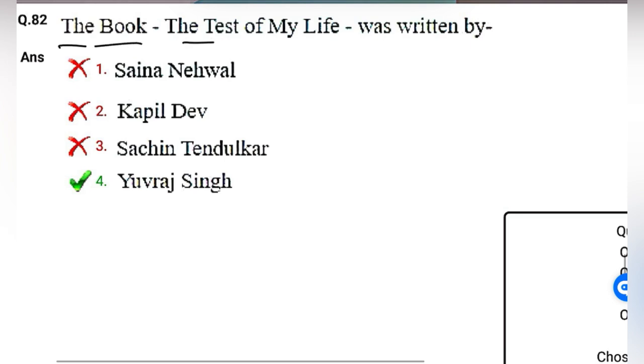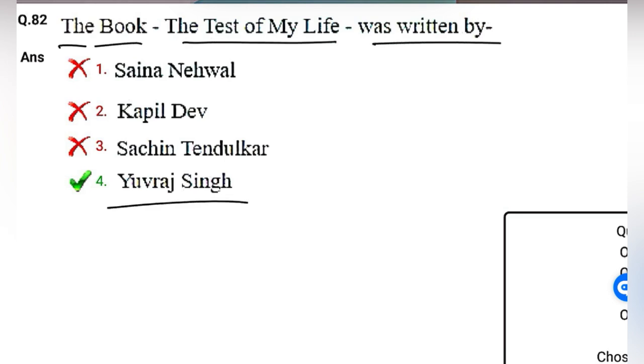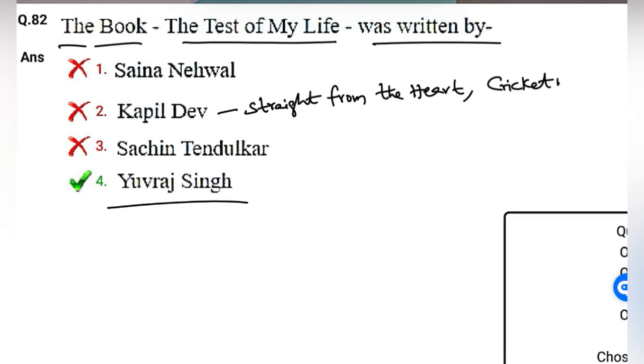The book The Test of My Life was written by Yuvraj Singh. Kapil Dev wrote 3 books named Straight from the Heart, Cricket My Style, and By God's Decree.